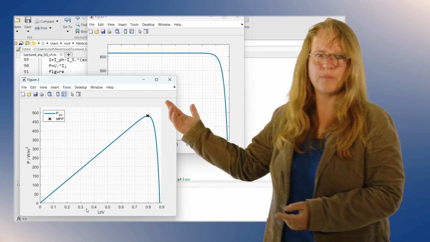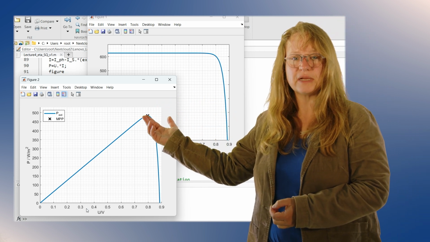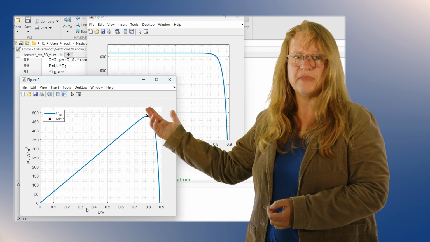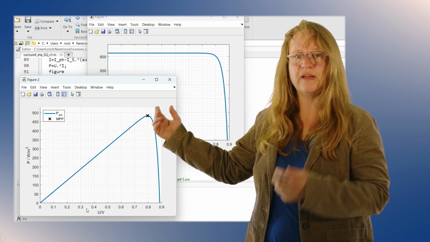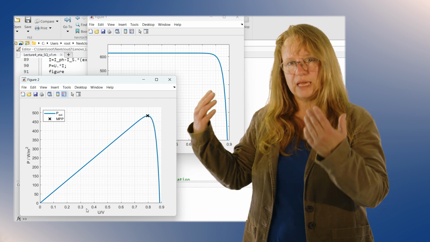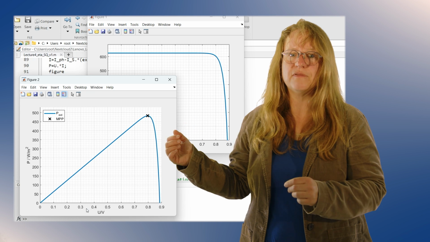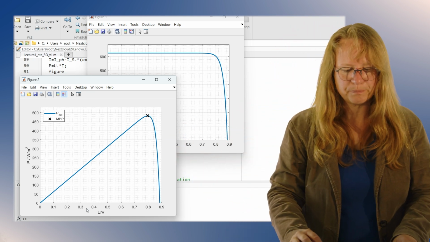So we can see from these graphics that this is the maximum power point. So we now know that this value here is the value that we need to plug into the eta to calculate the efficiency of the device.